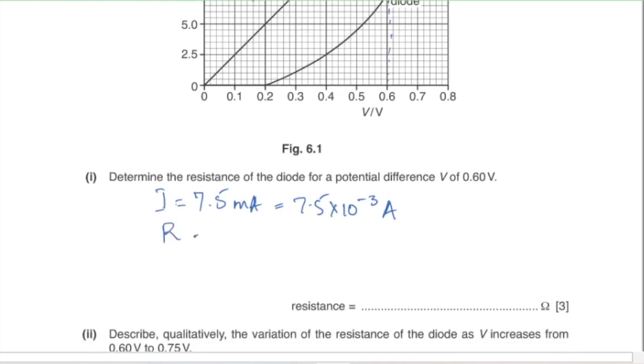Formula for resistance is voltage divided by current. At 0.6 volts, you have 7.5 into 10 to the power of negative 3 amperes of current, and that gives you a resistance of 80 ohms.